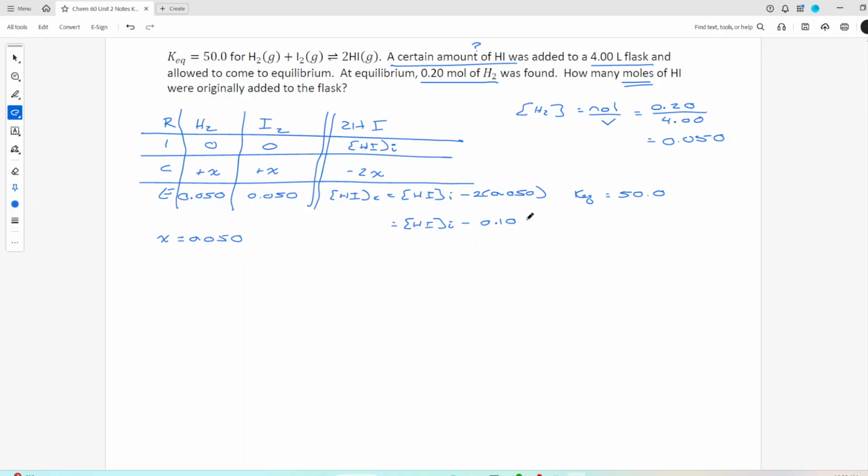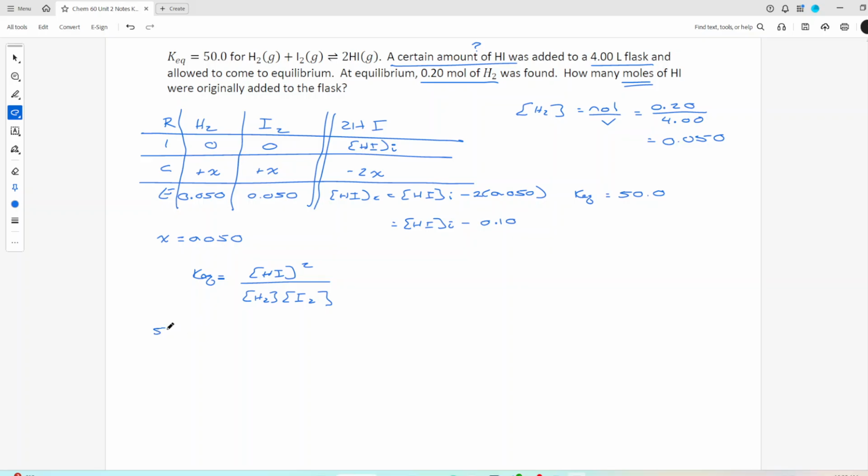So then we want to set up the algebra. Well, what's our KEQ equation? Well, our equation would be KEQ is equal to the concentration of HI squared divided by the concentration of hydrogen times the concentration of iodine. And again, this is at equilibrium. So then you have two choices.